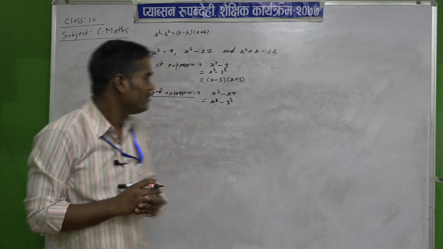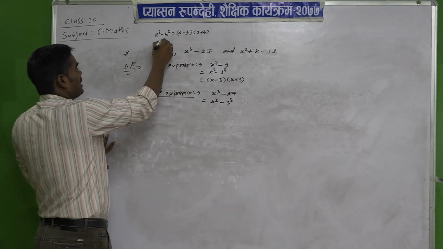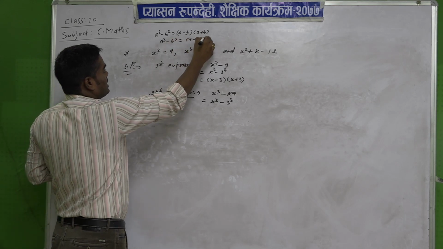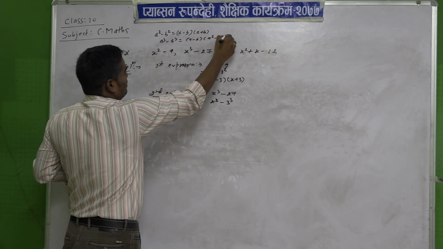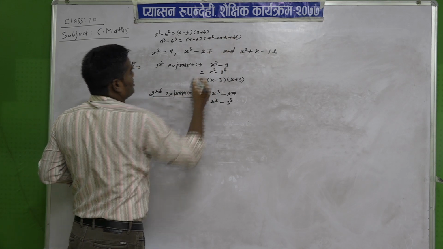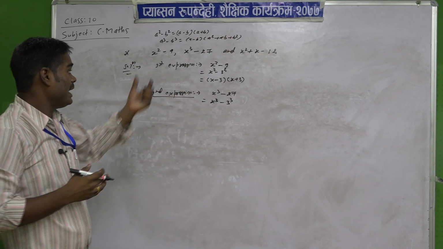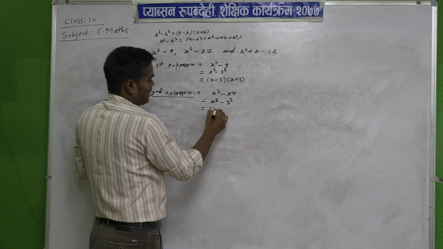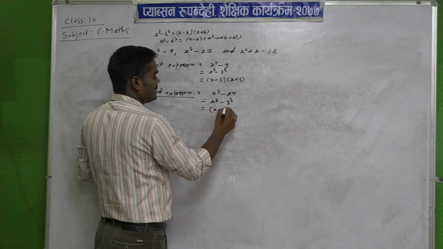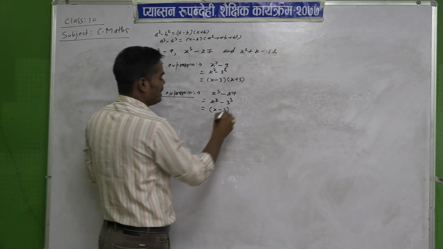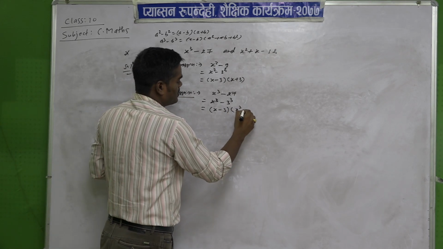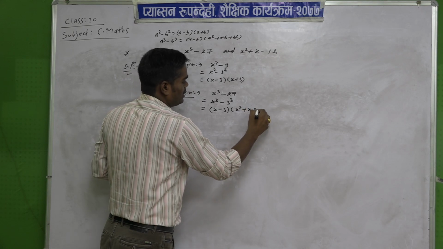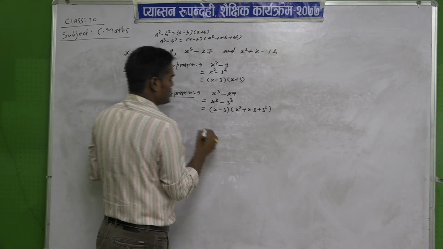You know very well, my dear students. a cube minus b cube in factor form means (a minus b)(a square plus ab plus b square). This is the formula, and we have to use it here. So, a means x, b means 3: a minus b, then a square plus ab, x into 3, plus b square means 3 square.